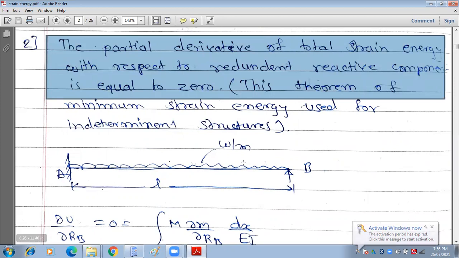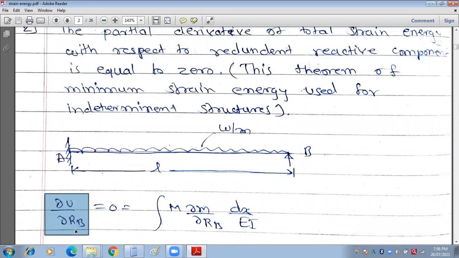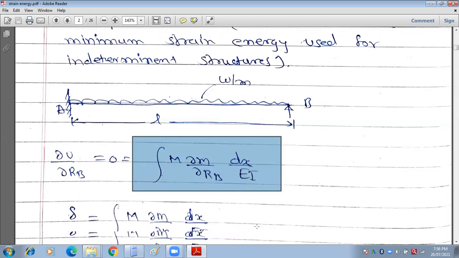According to this theorem, if you take the partial derivative of the strain energy with respect to the redundant, in this case Rb is the redundant, this term must be equal to 0. That is, the integration of M dM upon dRb dx upon EI equals 0.